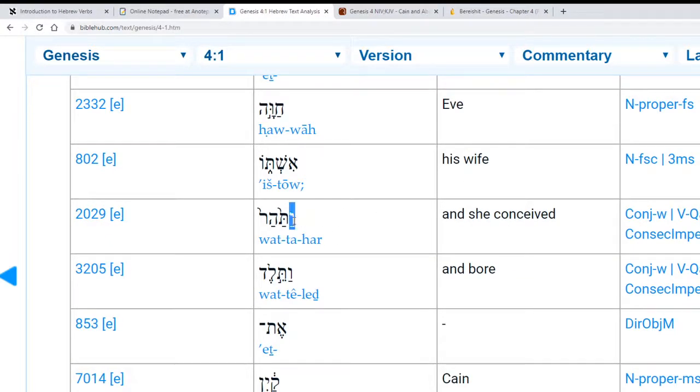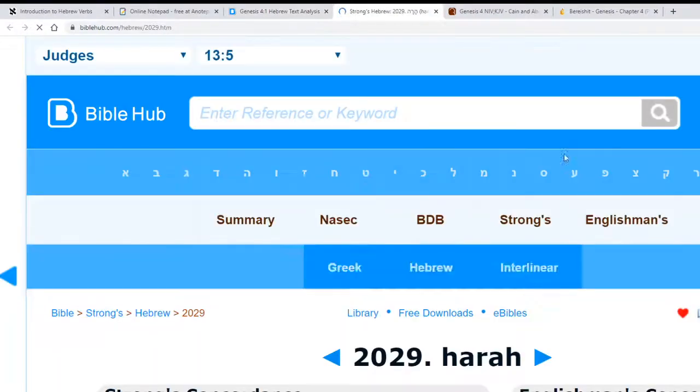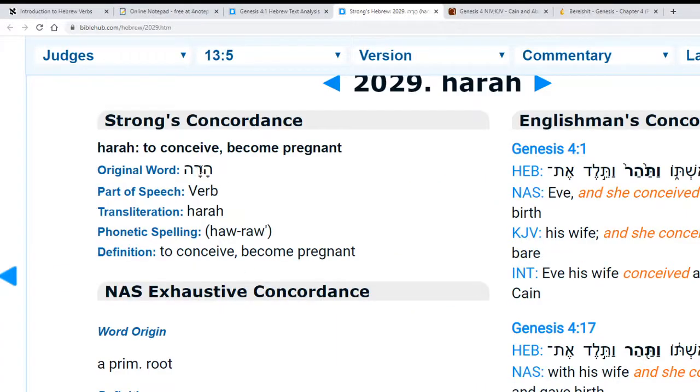Vatahar, conjunctive vav. So tahar, right? Tav, hey, resh. This may be the first time we've had it, to conceive. So the root is actually hey, resh, hey.